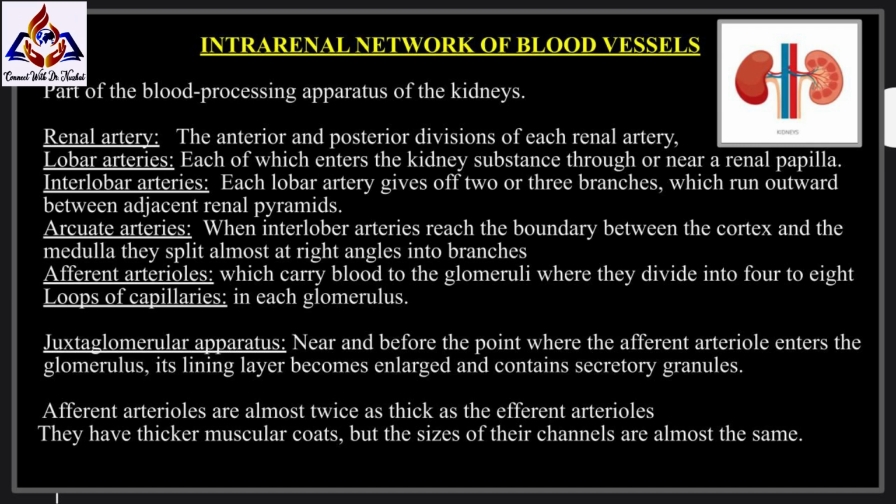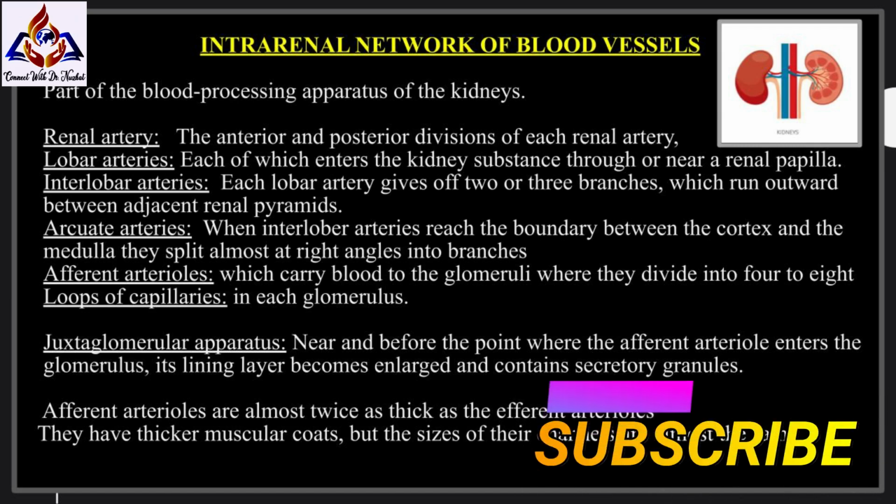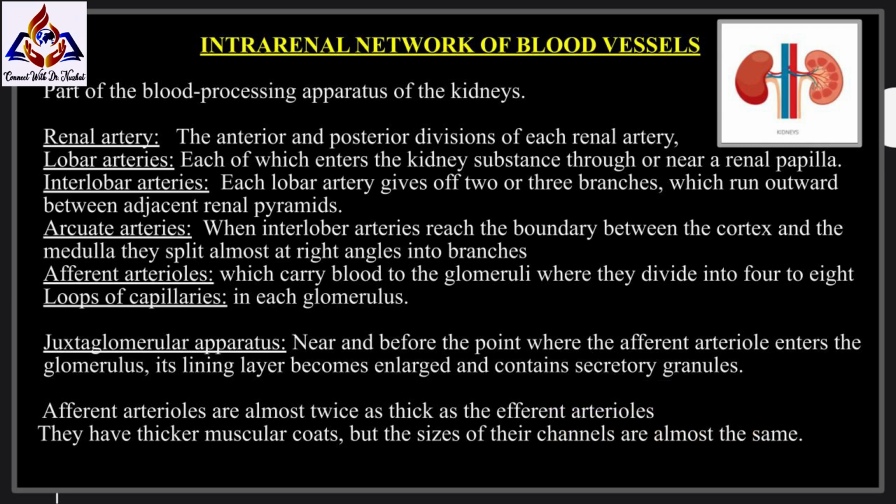From there they give off short branches called the afferent arterioles, which carry blood to the glomeruli, where they divide into 4 to 8 loops of capillaries in each glomerulus.